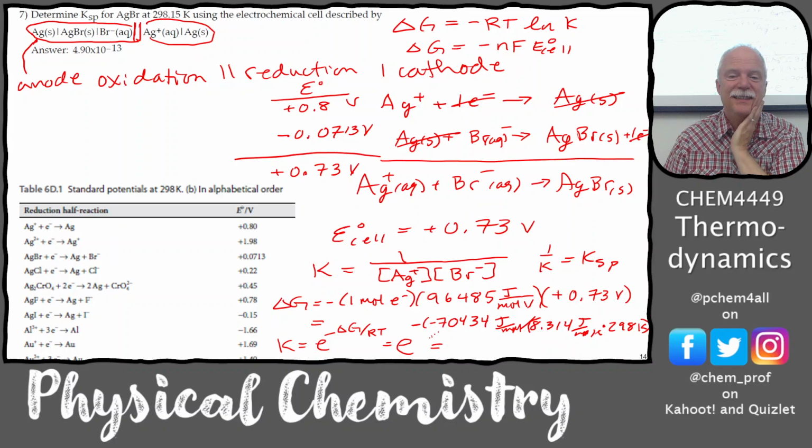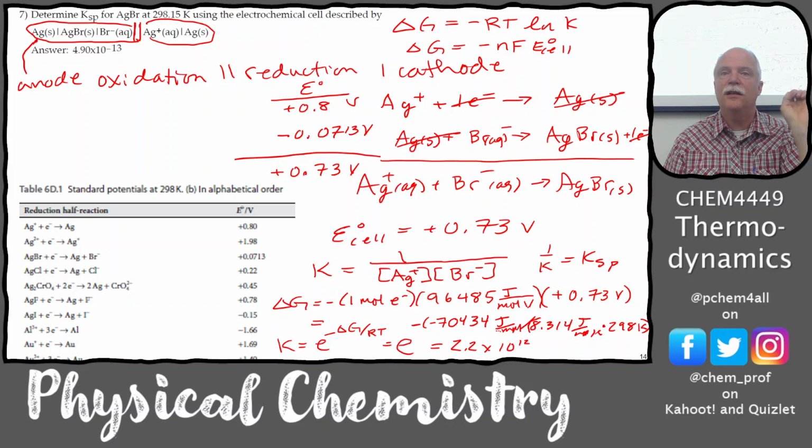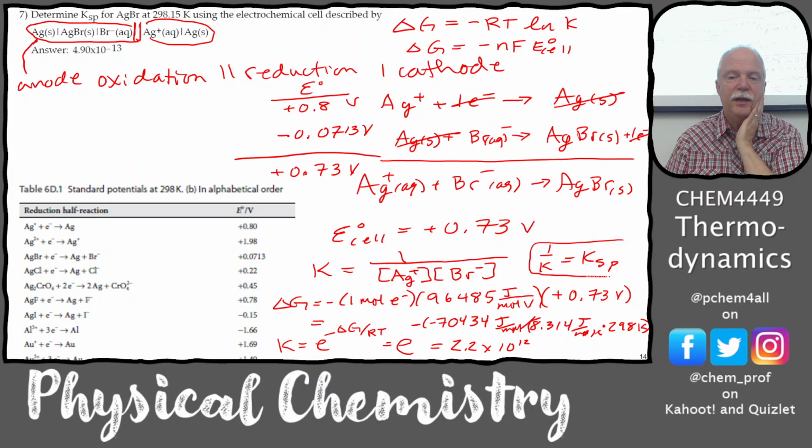What'd you get? 2.2 times 10 to the 12th. Should be big because it is an insoluble substance, so it's going to lie to the right, so that's good. And so then we take 1 over that. See this equation here, 1 over that number is the KSP.